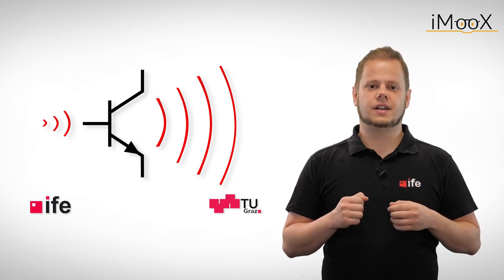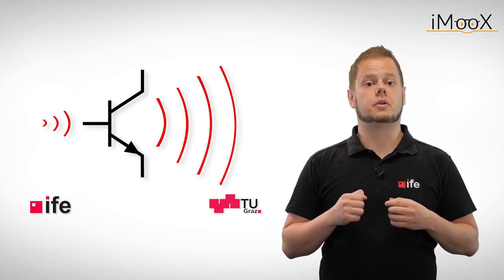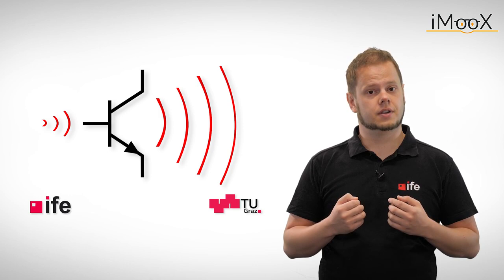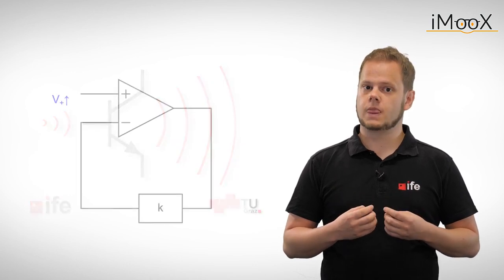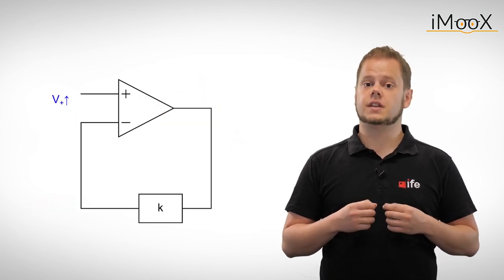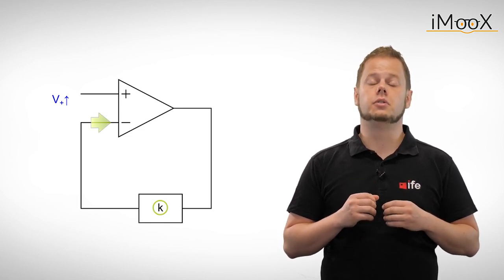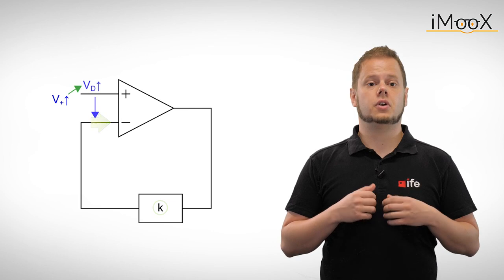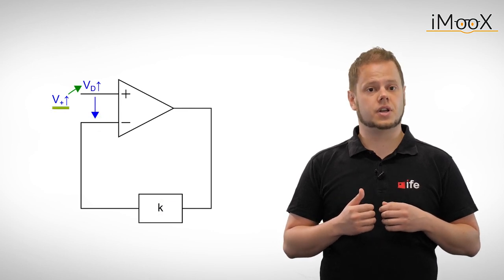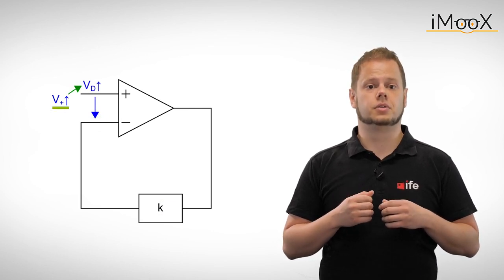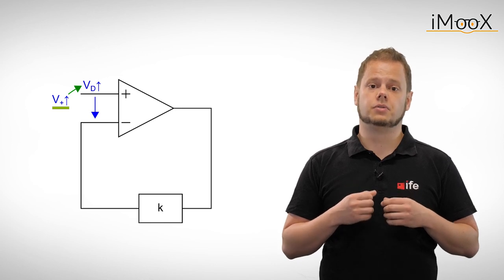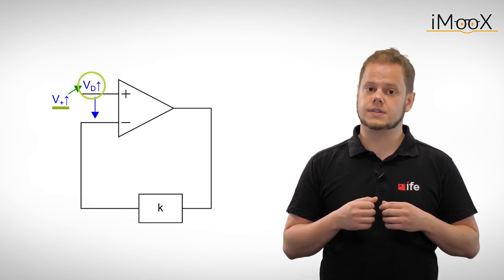Now we will apply these properties to a very common operational amplifier configuration: the negative feedback. Negative feedback means that a portion K of the output signal is applied to the inverting input. For the circuit shown, a positive voltage applied to the non-inverting input causes the differential input voltage VD to rise.